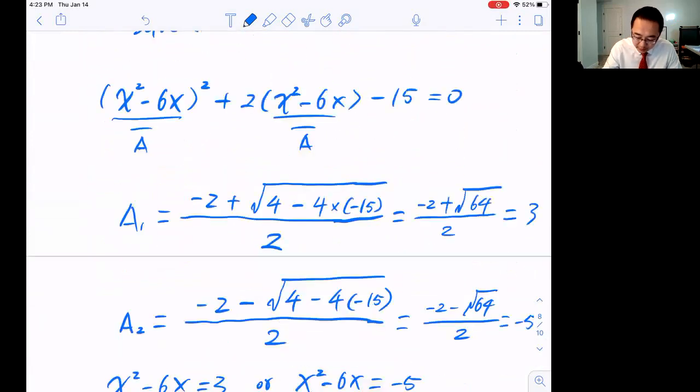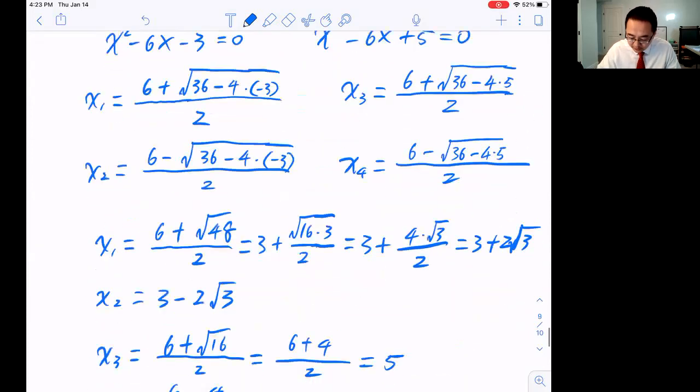You can plug in x equals 5 and 1 and 3 plus 2 square root of 3 and 3 minus 2 times square root of 3, and all those should work out to be 0. So that's one way to verify, of course.